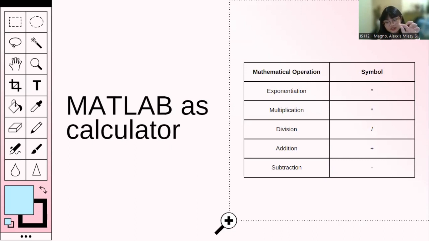I think it looks like a little star. I don't know the name of it, but it looks like a little star. And of course, for division, there is the slash. And for addition is the plus sign, and for subtraction is the minus sign. Now let's try it on the MATLAB application.